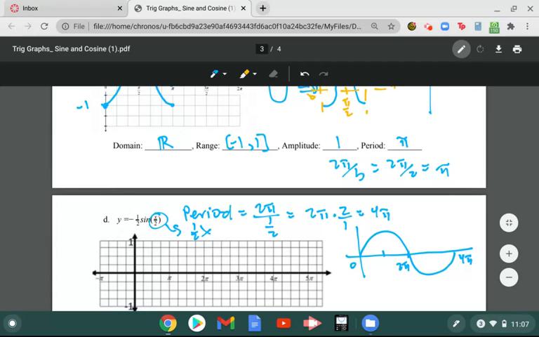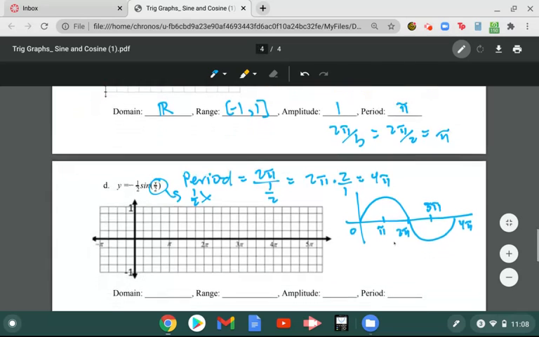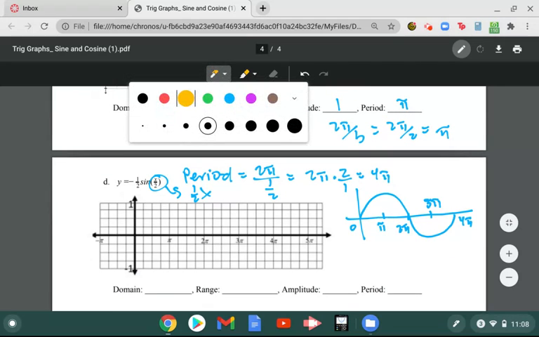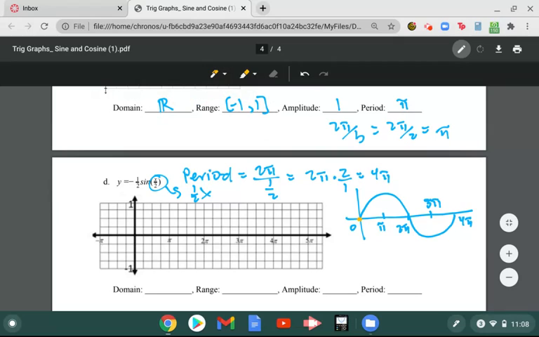I can even put the peaks there at the halfway in between points there, pi, and this would be 3 pi. Had to think about that one. These are the 5 key points, and we're going to talk about this a lot in the next video, but I just want to highlight these 5 key points. They're really nice to work with.